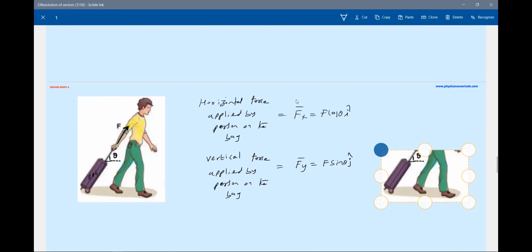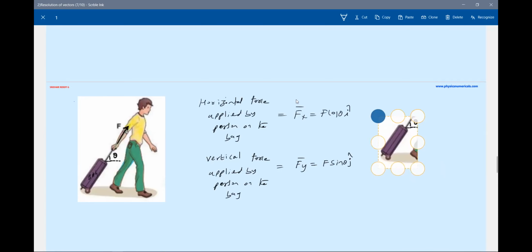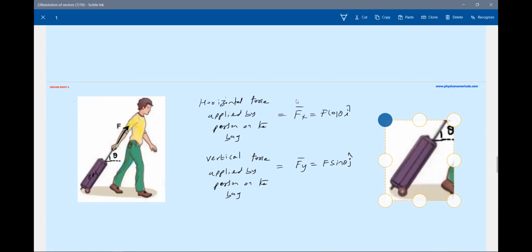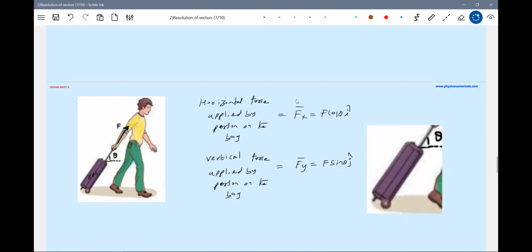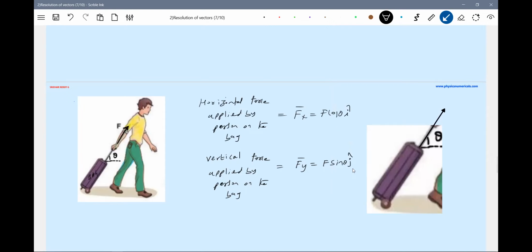Only the bag, I'll bring it because I wanted to show clearly only the bag one. What was the force that was acting here? We'll agree on this.